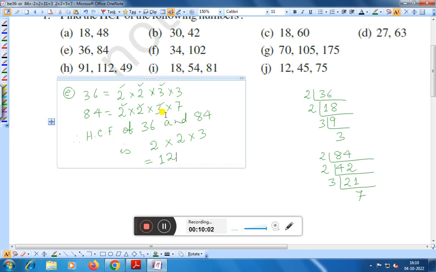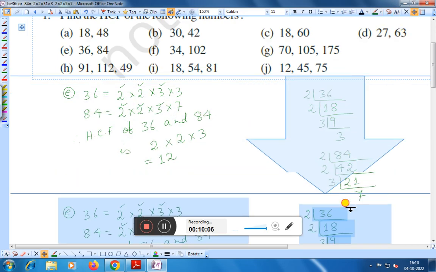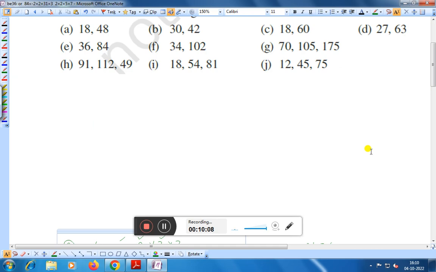Now we'll do the next question, that is question number F. In question number F, the numbers are 34 and 102.